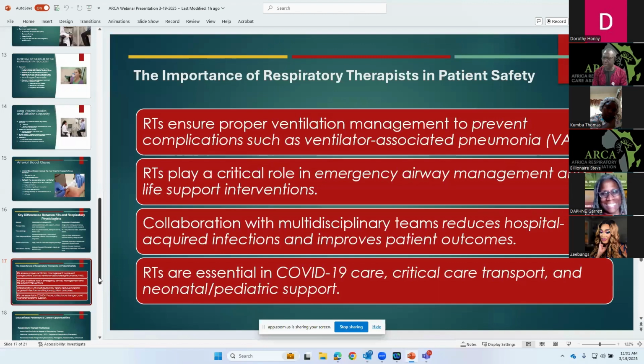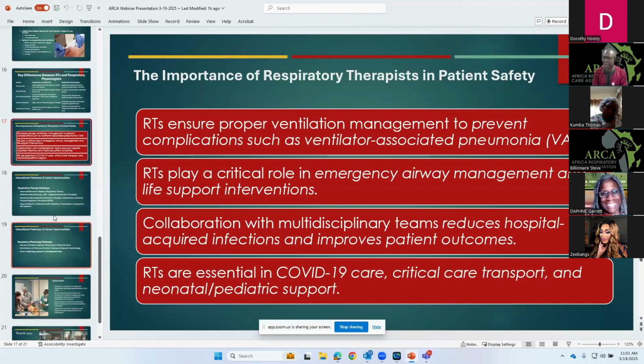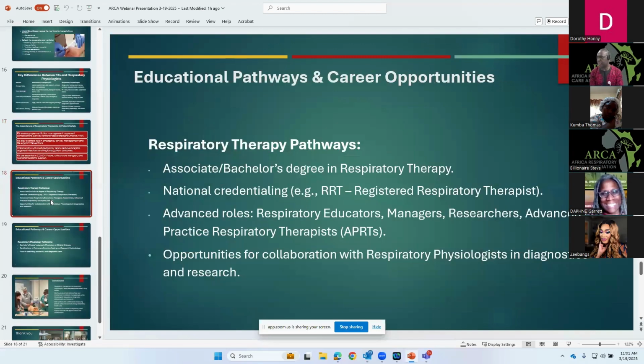Now, when you look at educational opportunities for respiratory therapists, there are several pathways to become a respiratory therapist. At least in the U.S., there's an associate degree, which is a 2-year school that people could go to. There's also 4-year degrees where people could go to school for 4 years and become a respiratory therapist.